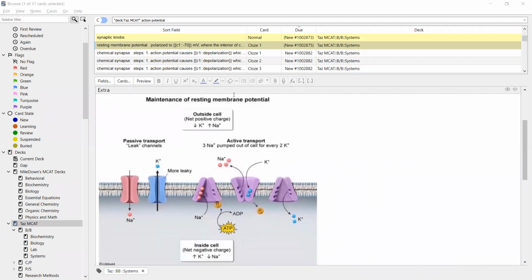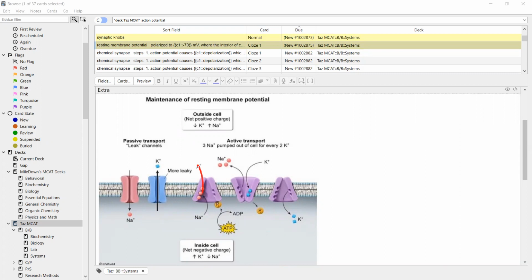Just to draw this out, this is the sodium potassium pump here in purple, right? What the sodium potassium pump does is it moves 3 sodium out and 2 potassium in.